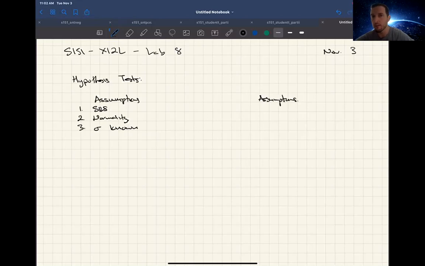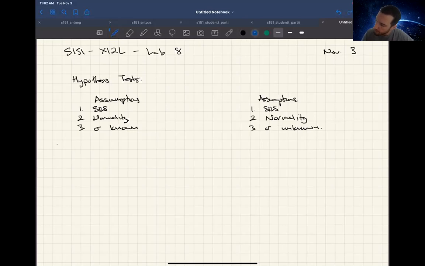Like with the confidence interval, with the hypothesis test we can do it based off either the Z-score or the t-value. If our other set of assumptions are SRS, normality, but we do not have sigma, then this is going to lead us down the path of the t-value.